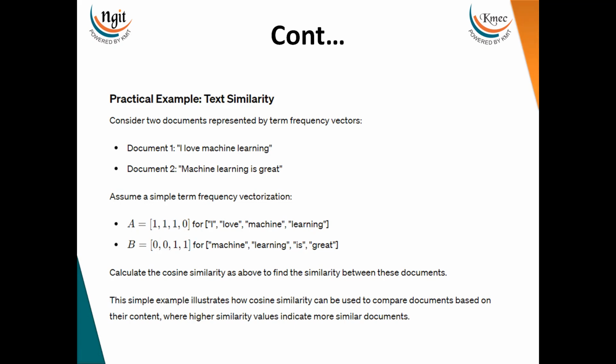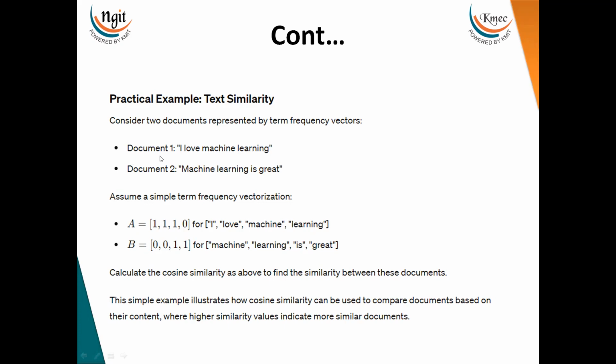I can use the concept of cosine similarity. I suggest you try a simple example of how to calculate the cosine similarity between two sentences at least. You will get an idea of how cosine similarity works.